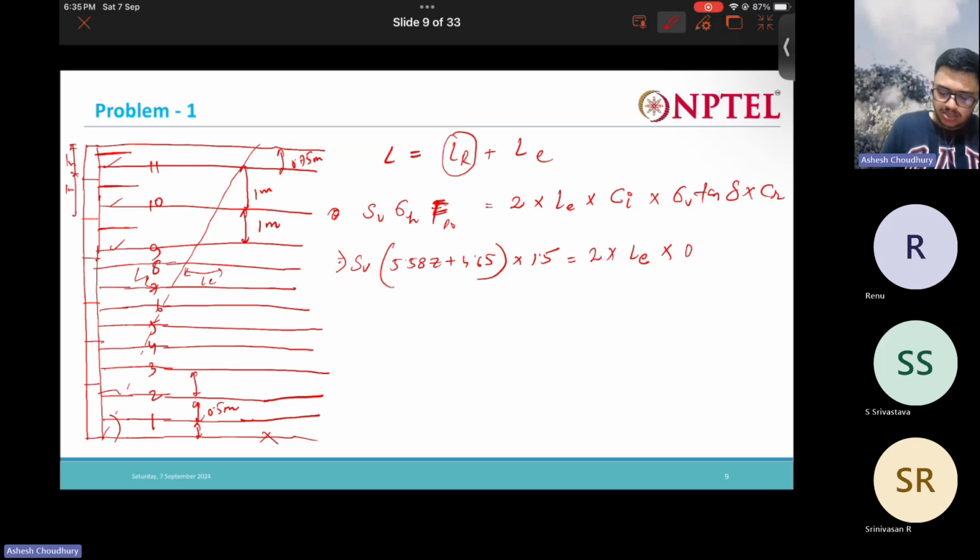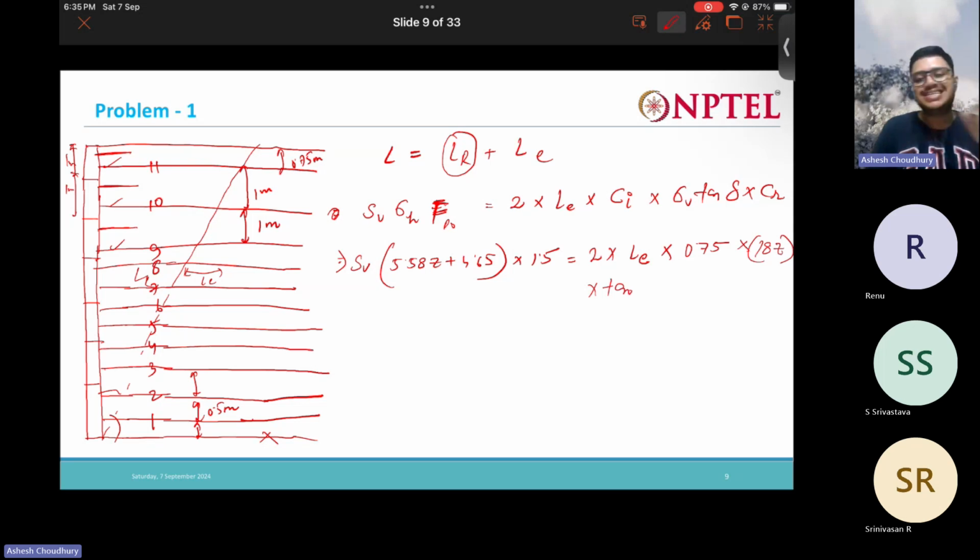Here it is given as 0.75, times sigma v, which is nothing but 18 times z, where 18 is the unit weight and z is the depth, times tan delta. Tan delta is the friction coefficient, right?